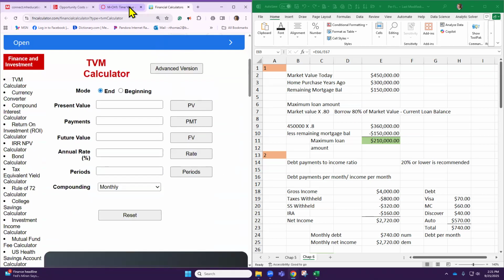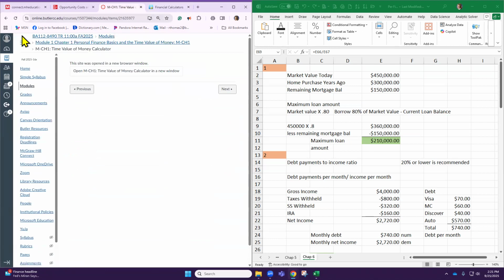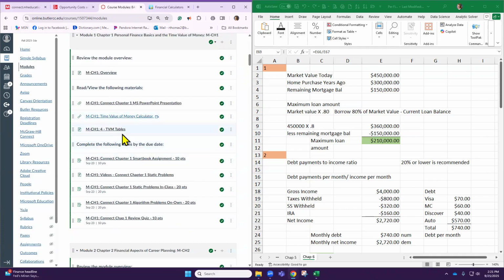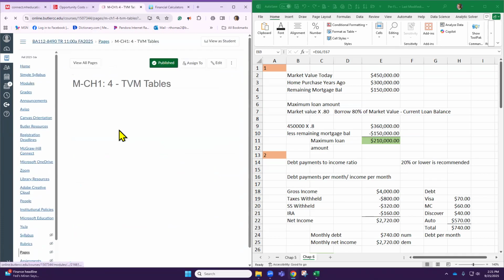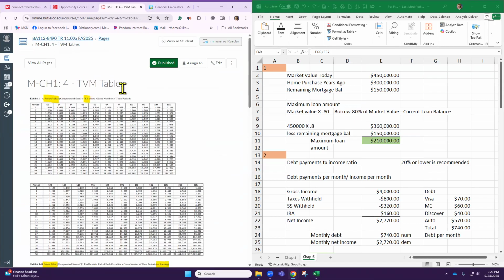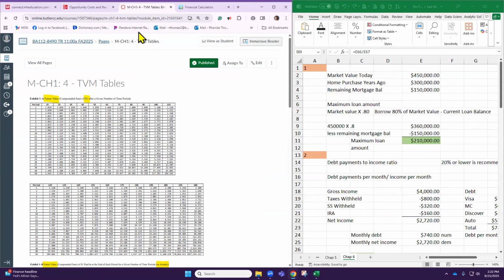There it is. And then we'll also get the time value of money tables, which I've got in every chapter. All right, there we go. I think we're ready now because we are going to do some time value of money problems in chapter 6.